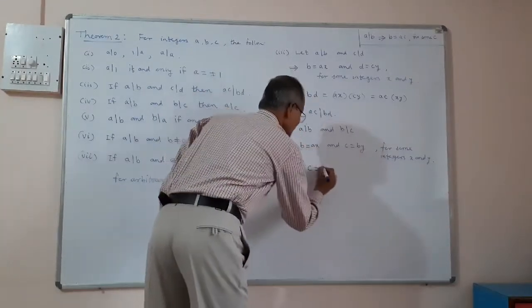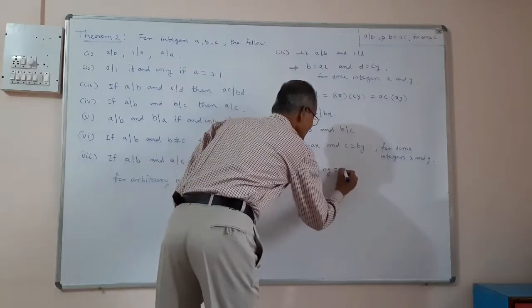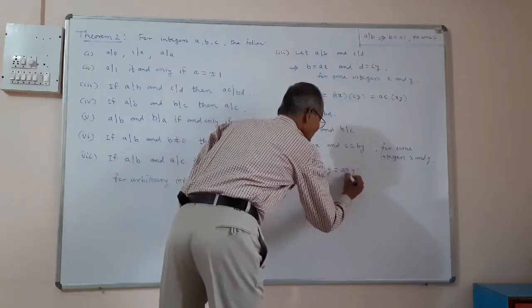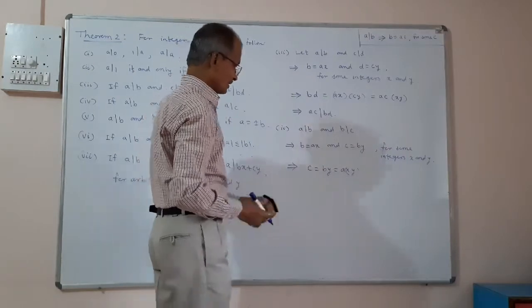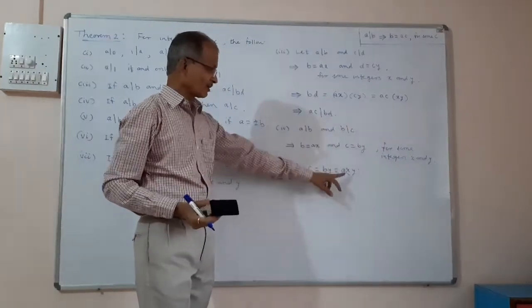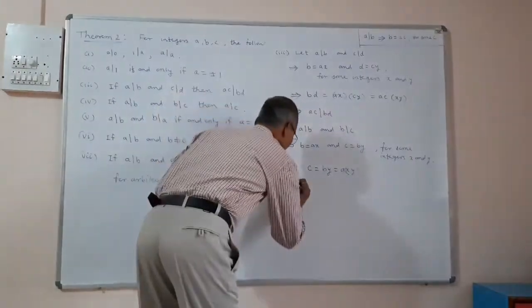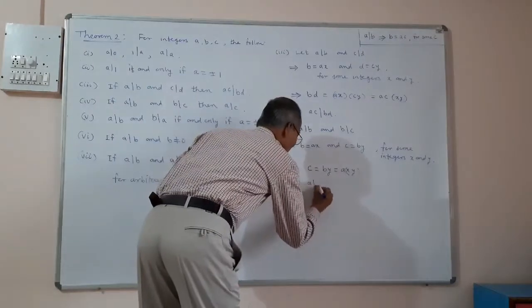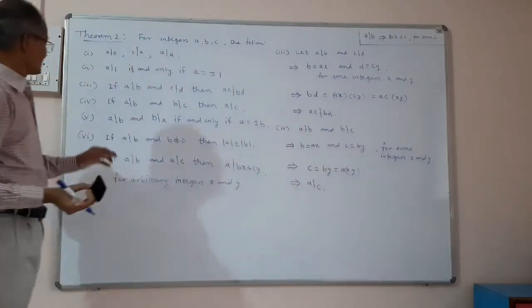B is AX. So C is equal to BY, and that is AX into Y, or that is A into XY. And thus A is a factor of C, that means A divides C. So thus the fourth result is also proved.